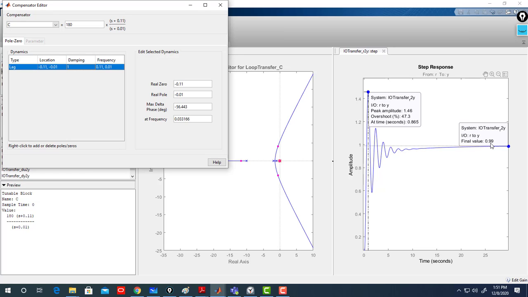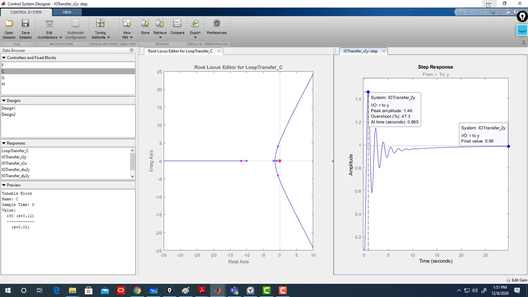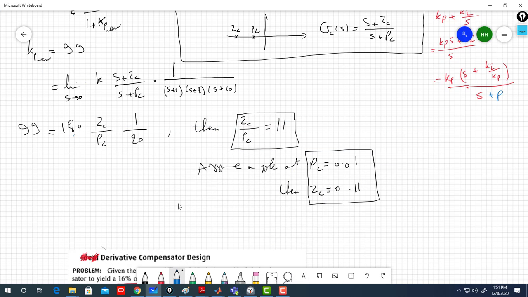See, it is 0.99. Alright, but the overshoot is less. So if you want an overshoot of not 47, the one that is per requirement is okay. So you improve a little bit your steady state error. That's it for exercise 2.